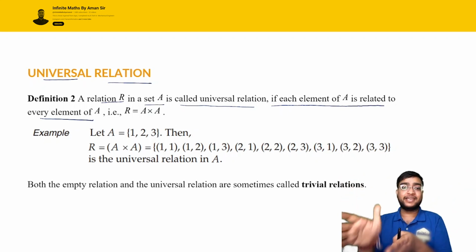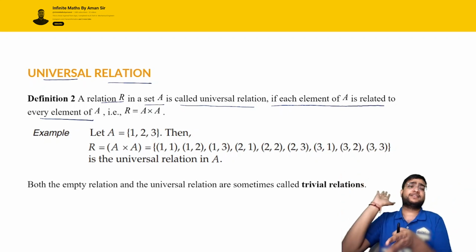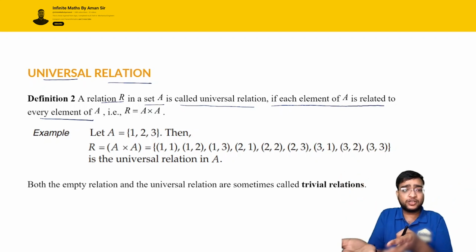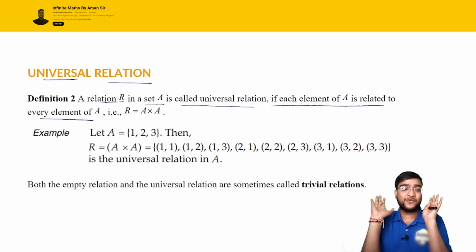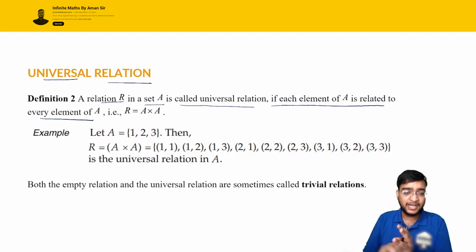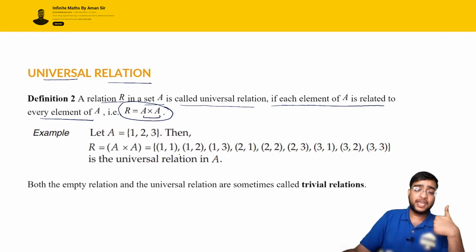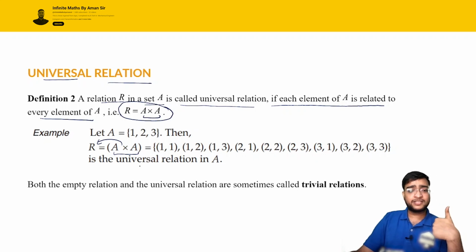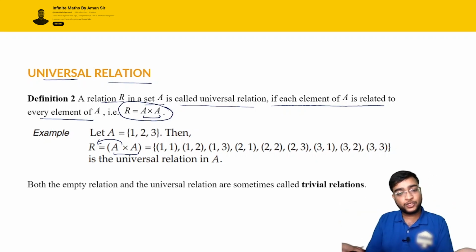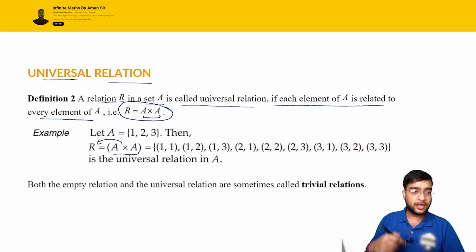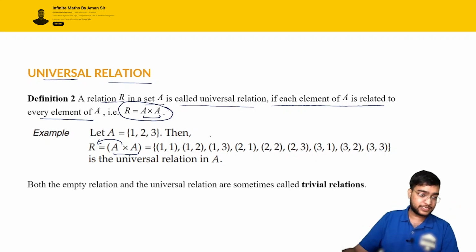Then this relation is the universal relation, and the universal relation is the whole set A cross A. So if I take A cross A in my relation, this whole relation is my universal relation. That is all for my universal relation.